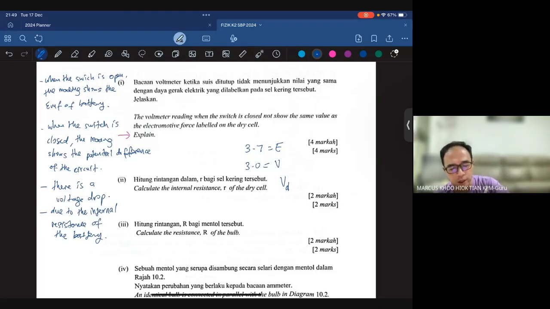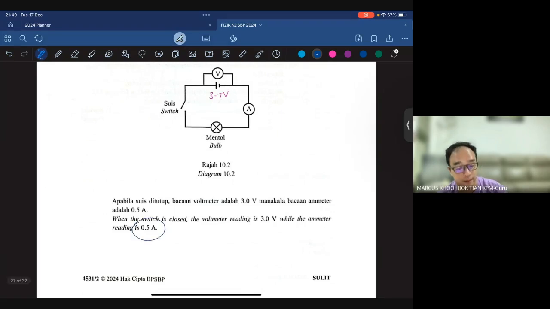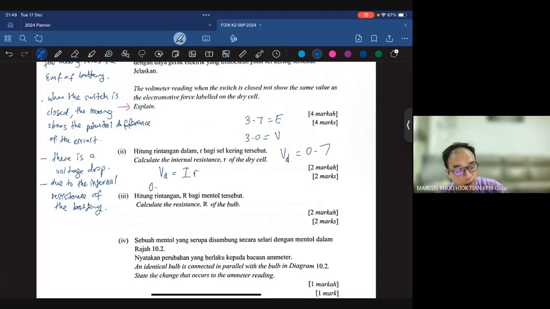Voltage drop is equal to I times small r, which is why we can get the small r, because we are given 0.5 amps. So 0.7 equals 0.5 times r, you get r equals 6. Oh no, sorry, not 6. r equals 1.4 ohms.